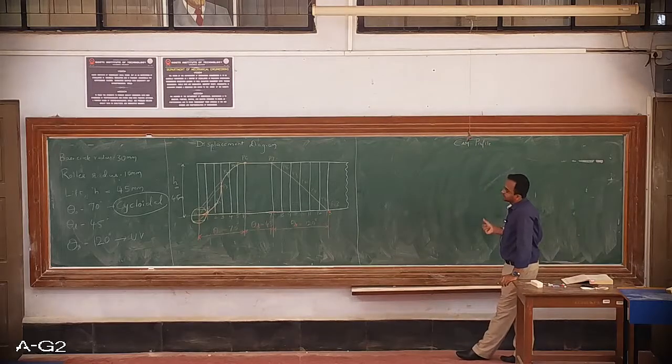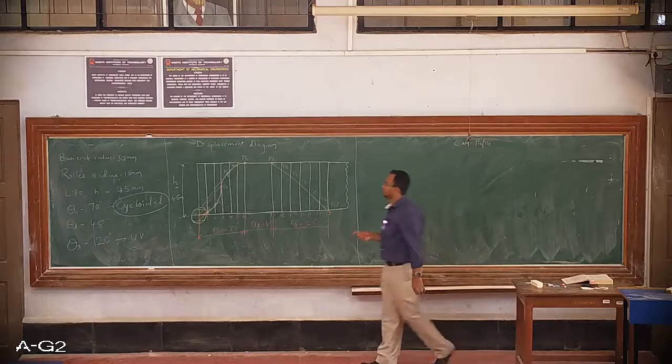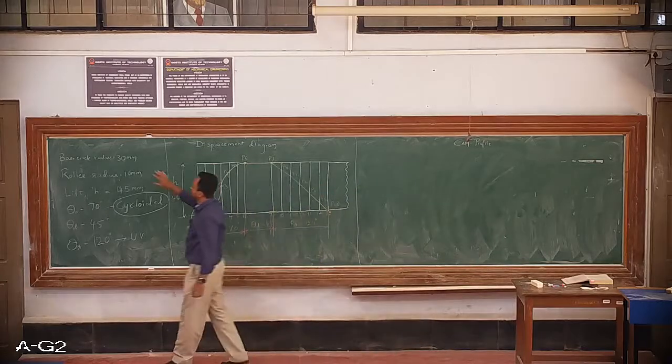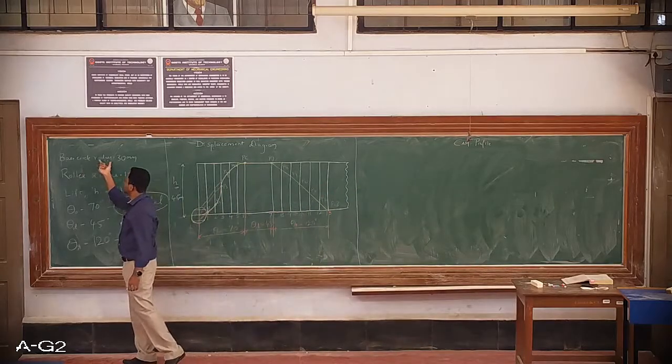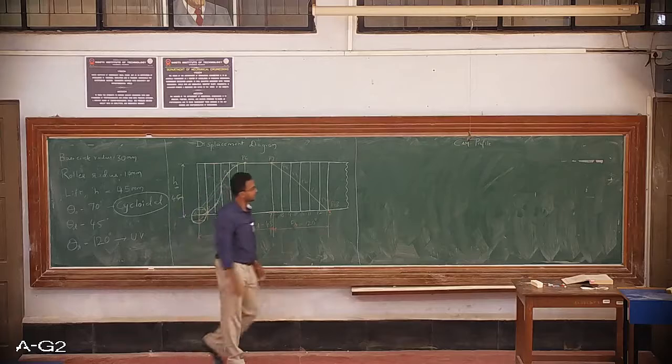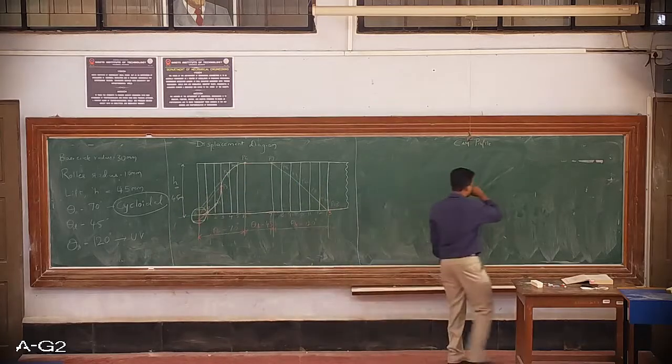I'll start drawing the cam profile by first drawing the base circle. The dimension for the base circle is that it has a radius of 30 mm. So I'll draw the base circle of 30 mm.